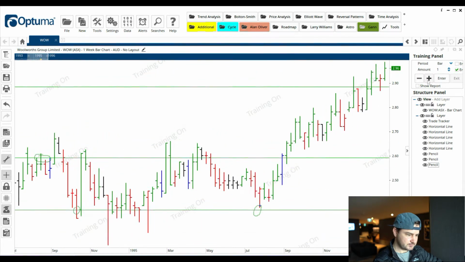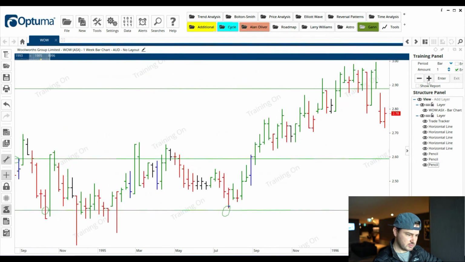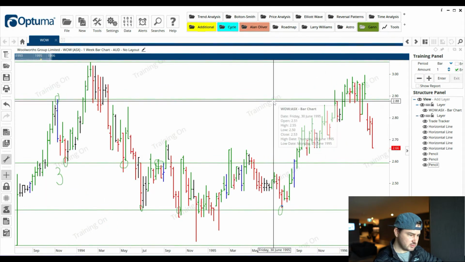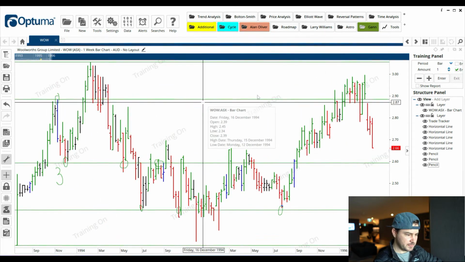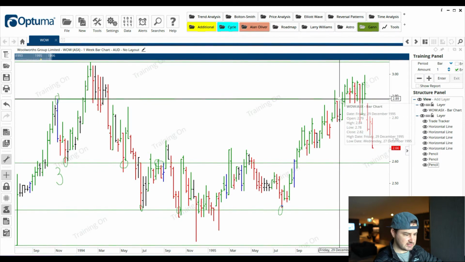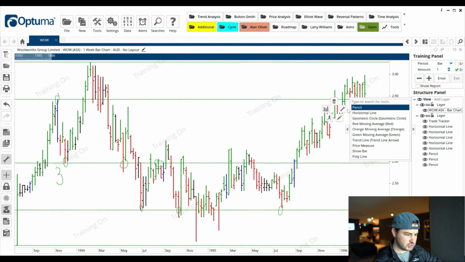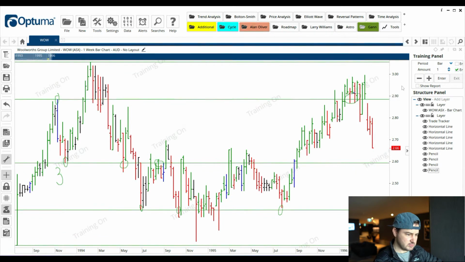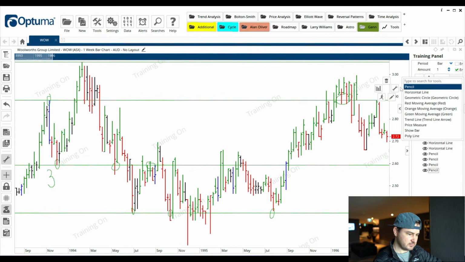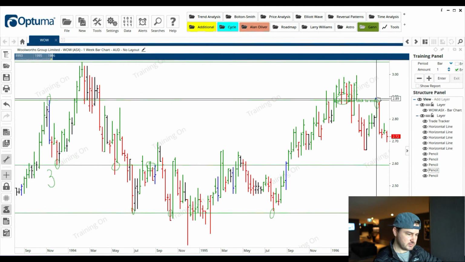Okay. If we go out, this one has been hit once, and it's now acting as support over here before the market fell through it. So that's now 2 times. And then 3 times. There we go. So this level is now active.